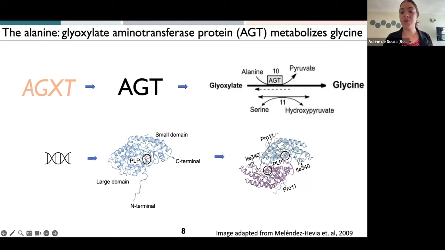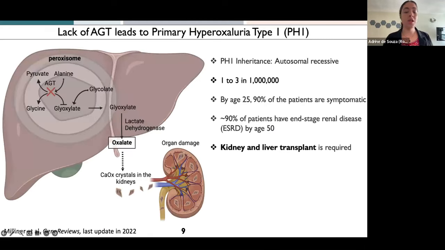I'm highlighting also two residues that are really important for this project. The main problem here is once AGT is not active in the liver peroxisomes, we see a buildup of glyoxylates that in turn will become a buildup of oxalate. And this leads to kidney disease and kidney stones.